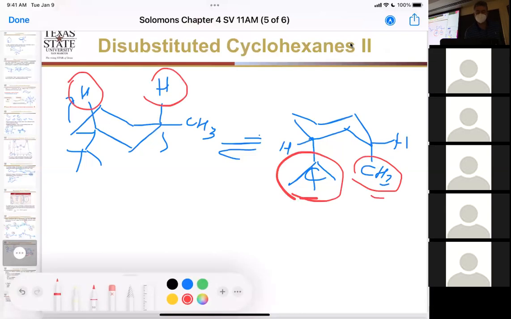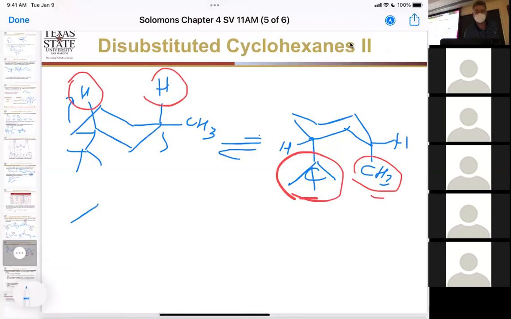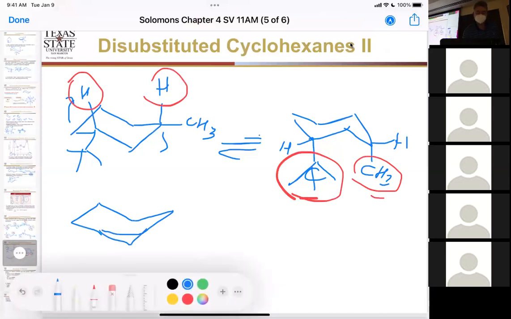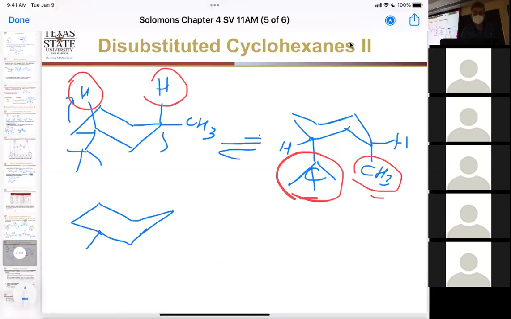So if we had a different isomer of this T-butyl, let's, oops, I didn't draw the two lines, messed it up. Let's leave that T-butyl group here. Let's leave that hydrogen here, but let's switch this over here. We're going to have the methyl group here and the hydrogen here.